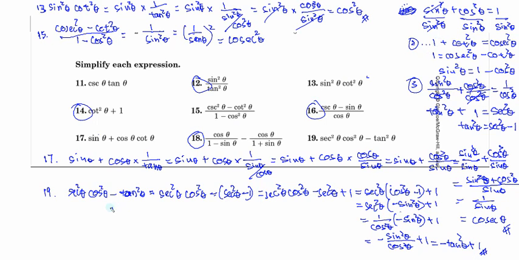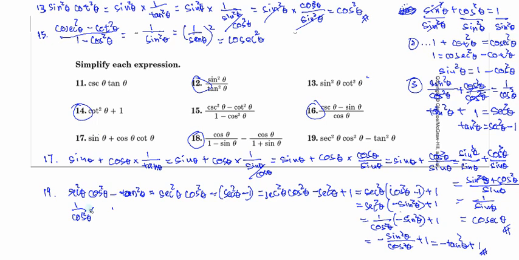Now, is there any other way to simplify this? Let's try. Just now what we did was to convert the tangent. Now, let's not use the identity. Let's simplify everything into sine and cosine terms. So this is 1 over cosine square theta.